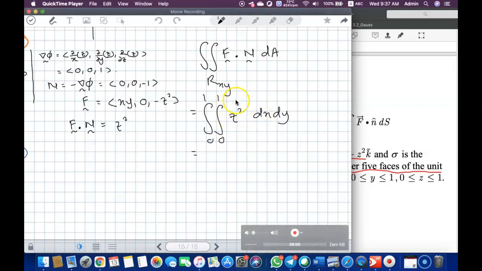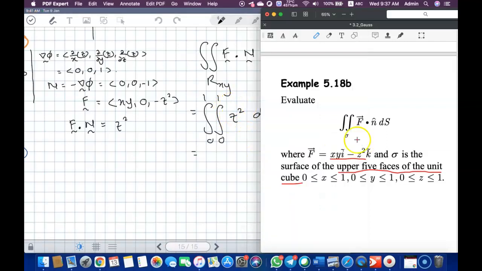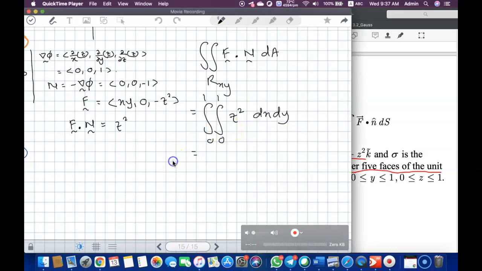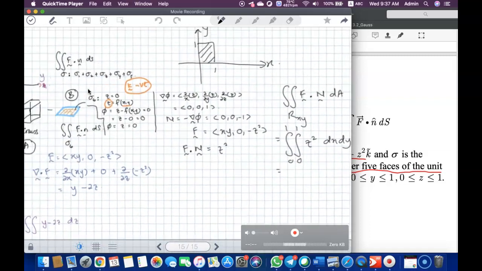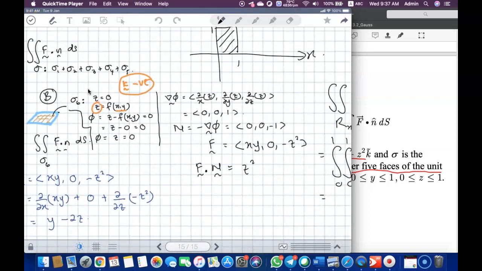Okay, but before that, if you look here, as we did for the surface integral before Gauss, is it possible to directly integrate? Because remember, for surface integral, this information is very important.